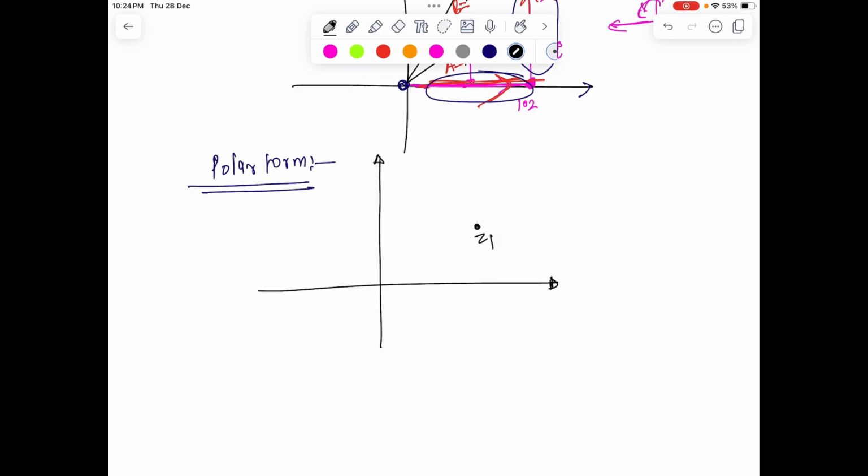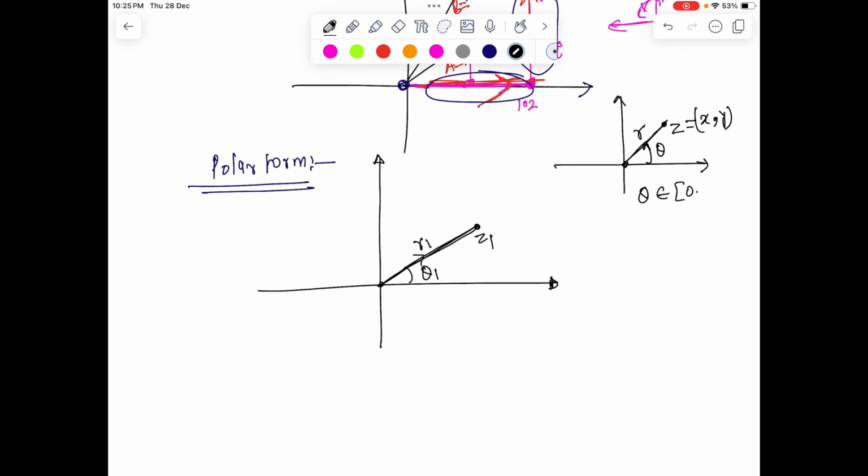So let's say we have a complex number Z1. Clearly we can write it with some distance R1 and some angle theta 1. So if you have any complex number Z, instead of x comma y representation, we can think of it as a distance R from the origin and an angle theta anti-clockwise.